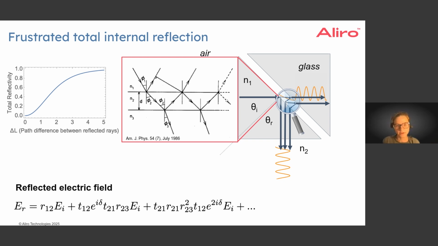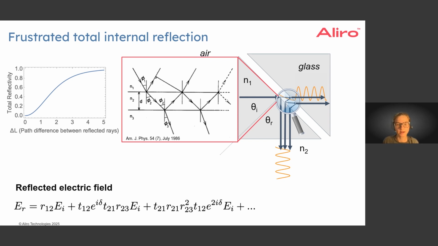So if we take a closer look at these two interfaces where the light is transmitting and reflecting, as the light is entering from glass into air, and then as it enters from air into glass again, some of this light is going to be reflected, and some of it will be transmitted. Then as this reflection bounces back and then bounces back again, some of this light will be transmitted and some will be reflected.